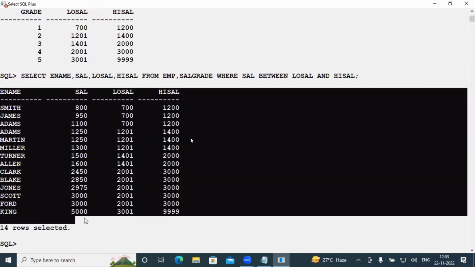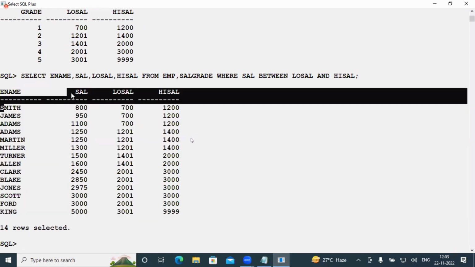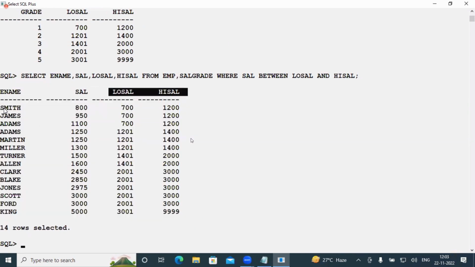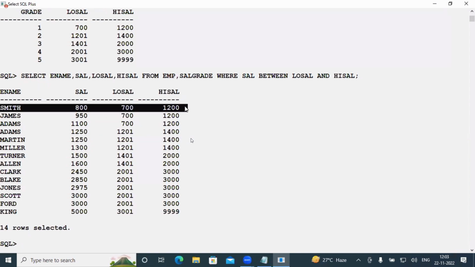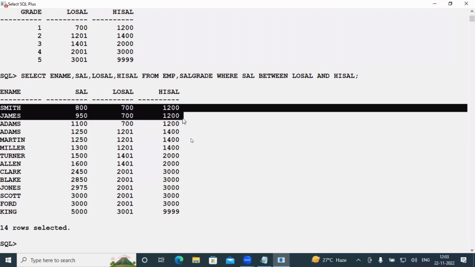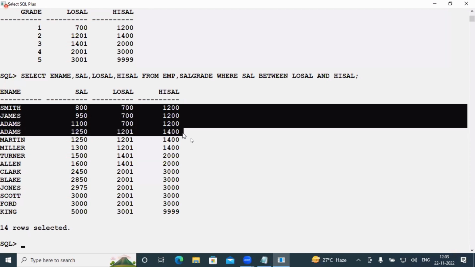And now you can see the output. Each and every employee's salary, low and high. 800 comes between 7 to 12, satisfied; 950 satisfied, 1100 satisfied, 1250 satisfied.